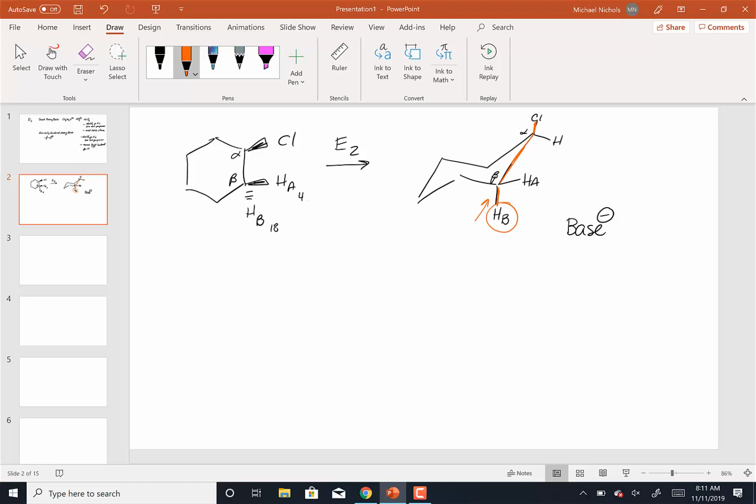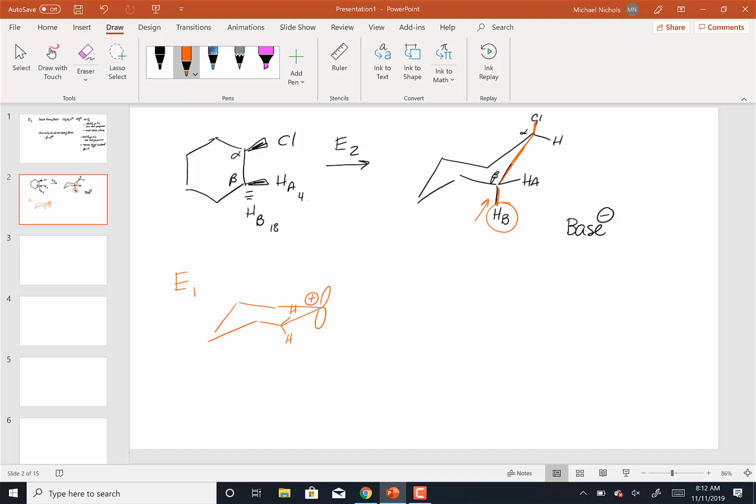For an E1 reaction, does it matter since it's 2 steps? No. In an E1 mechanism, once I end up losing the chlorine, the chair is going to become a carbocation. And in that case, either of the hydrogens would be able to orient themselves parallel to one of the empty orbitals.